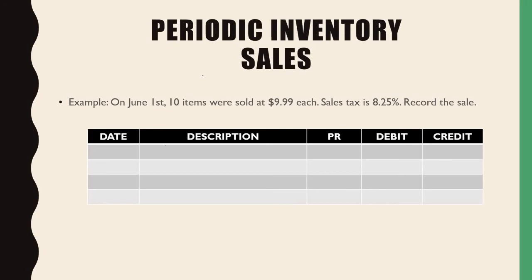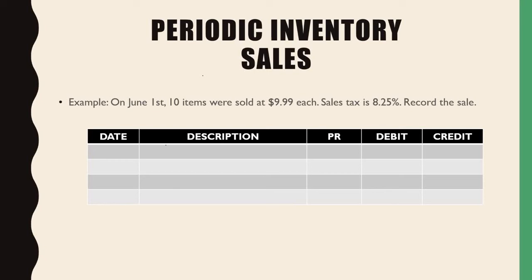So once again, when we talk about periodic inventory, we notice that we don't really care about sales. When we're doing periodic inventory, we focus just on purchases. But let's see what happens when we have periodic sales. Here on June 1st, 10 items were sold at $9.99 each, and tax was 8.25%.